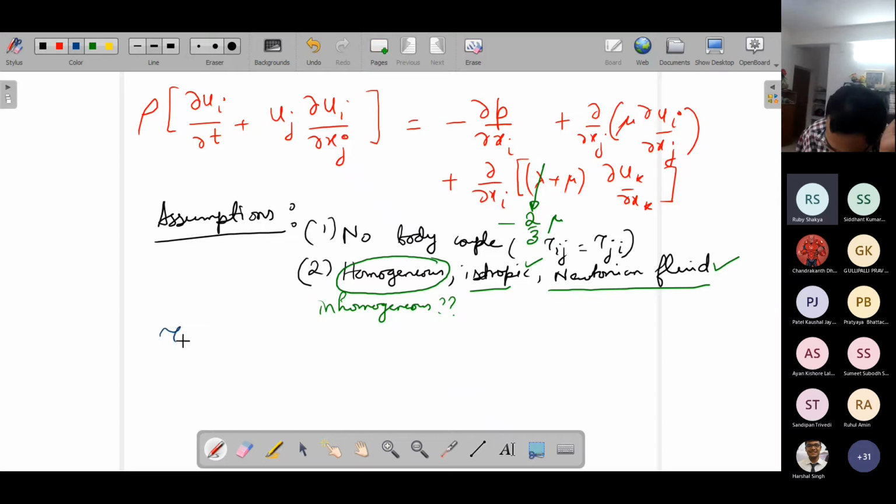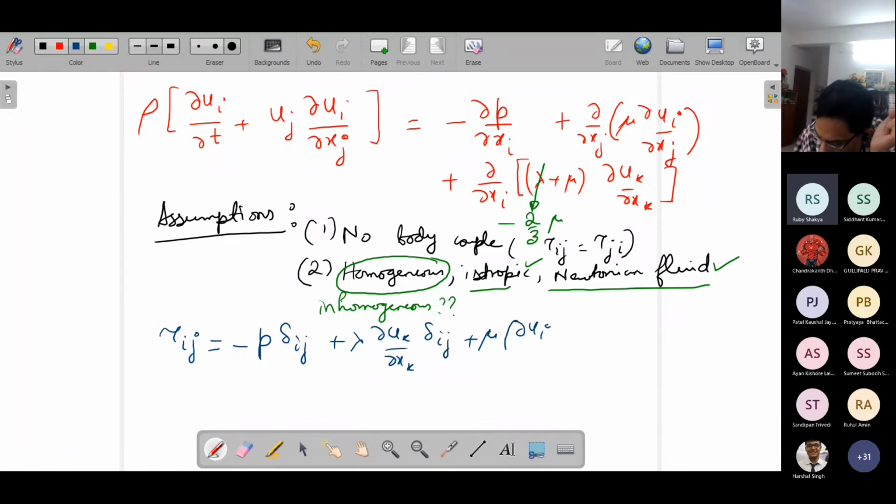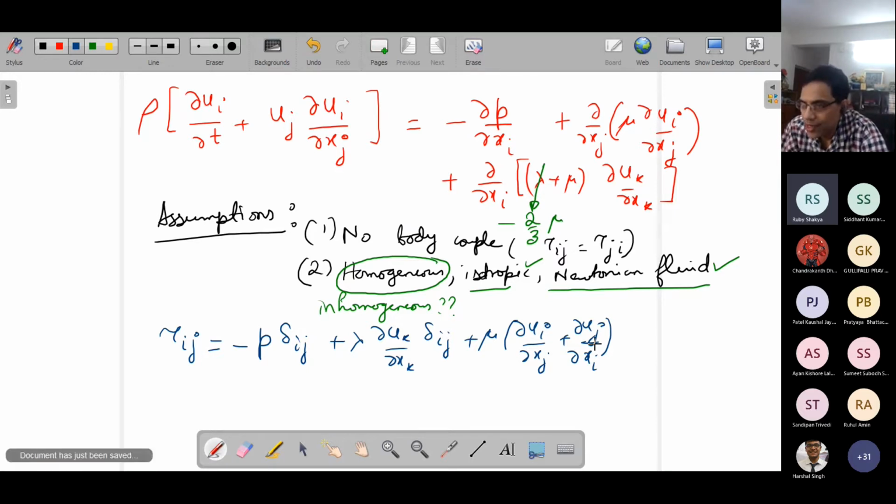I will give you a hint that we wrote tau ij is equal to minus p delta ij plus lambda del u k del x k delta ij plus mu, this one. This is what we wrote. Now, can you tell whether you can write this still if it is inhomogeneous?